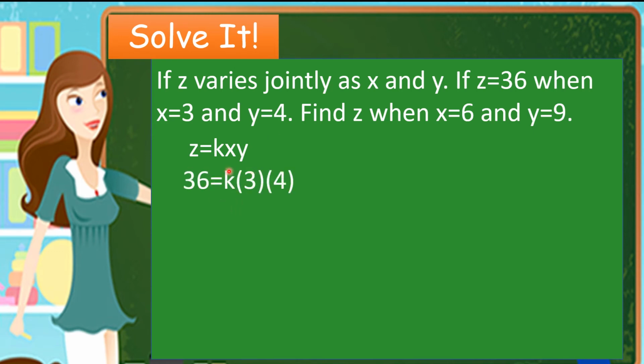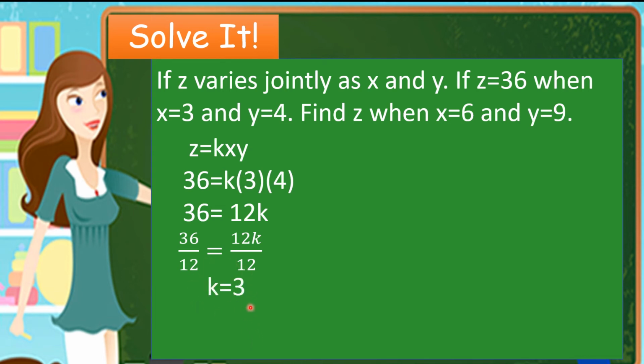Then, substitute the values. The first values, we have 36 is equal to k times 3 times 4. Then, we have 36 is equal to 12k. Then, divide both sides of the equation by 12. So, ang mangyayari dito is 36 divided by 12, we have 3.